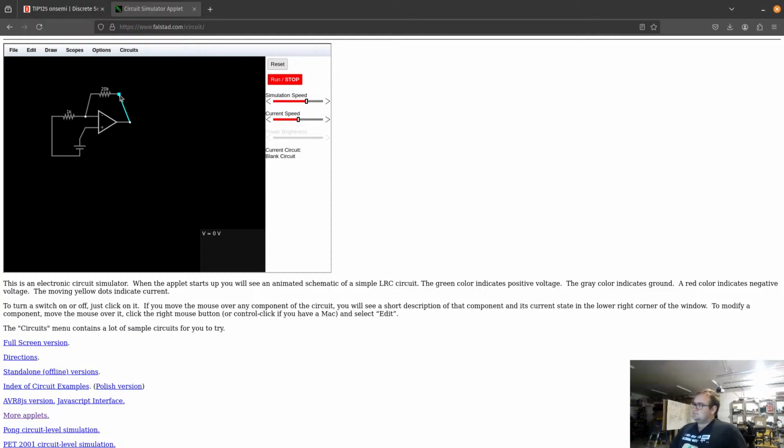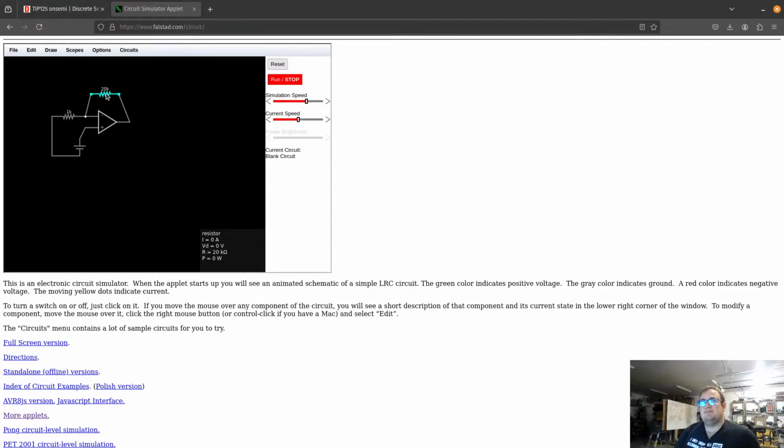Now, since we have 20K there, when it tries to apply 5 volts here, and it's 0 volts down over here, then that means we're going to be putting about 5 milliamps through here. So it's going to be whatever voltage that would have 5 milliamps going through this 20K.